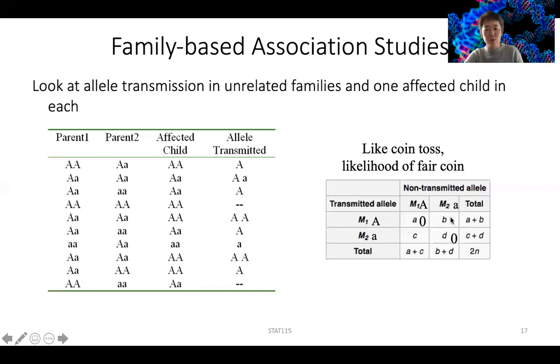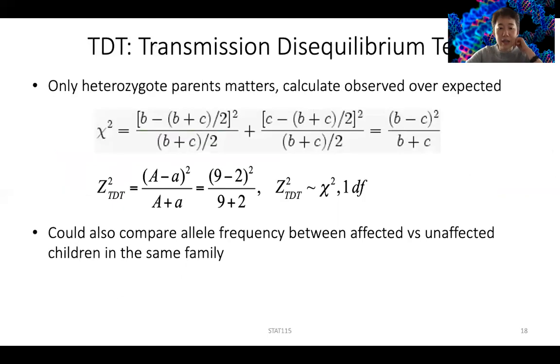How many big A's do you get? Versus the expected, if this SNP has nothing to do with the disease, big A and small a should have equal chance of being transmitted to the child. Whereas if you see this type of unbalanced result, with big A being very dominantly transmitted to the child that has the disease, that's an indication that this allele at this locus might be related to the disease. And that's how you find associations.